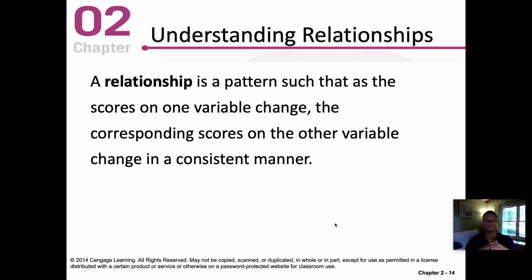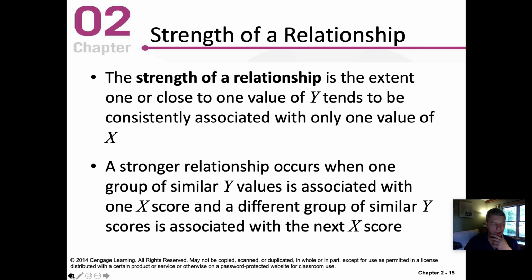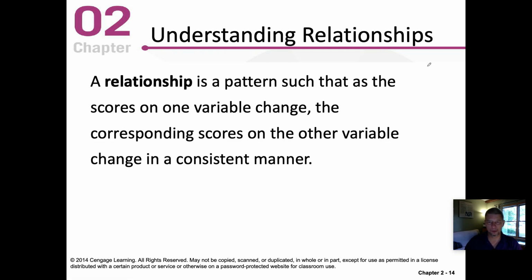There's a predictable pattern. Oftentimes you would draw this as a graph. So if this is the x variable and this is the y, as x increases, y increases. And so you end up with a relationship. Of course, it could be a different kind.